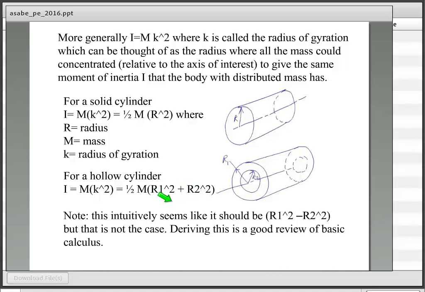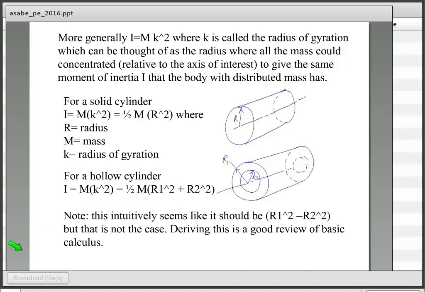Intuitively, you would think it might be outside minus inside radius squared, but that's not the case, and in fact it would be a good review of basic calculus if you went through the exercise of actually deriving that to show that it is a plus here instead of a minus.